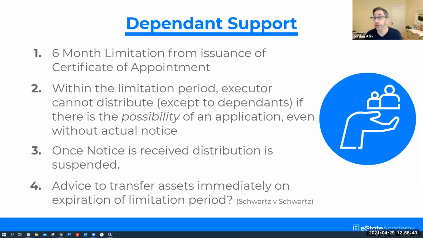There are cases where there was negotiation going on between the potential claimant and the estate trustee through the limitation period. No claim was brought, and the court said you can distribute in the face of that. So just be very careful in those situations, whether you're litigating or not. There's potential liability for the executor there.